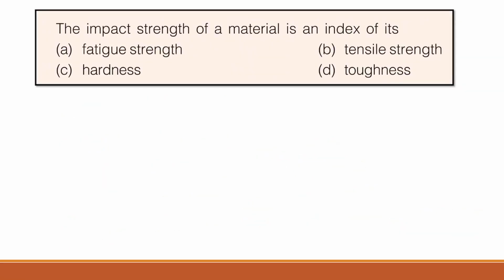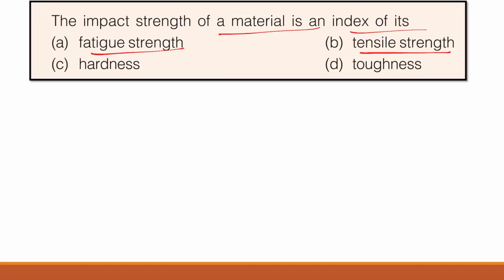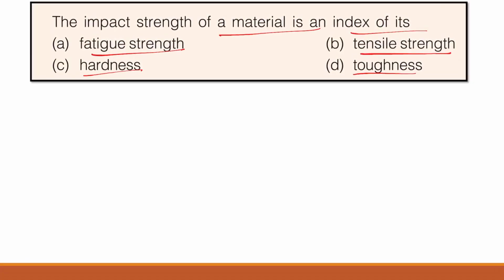So next question, guys. The impact strength of a material is an index of its, option A, fatigue strength, B, tensile strength, C, hardness, D, toughness. So here the correct answer for impact strength is toughness. Yes, toughness. Here you can see, for ductile material, this is the toughness graph, right?